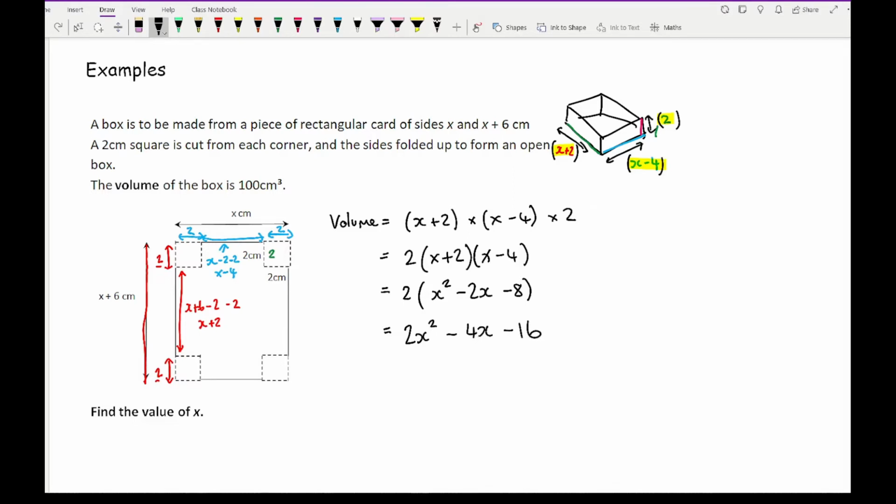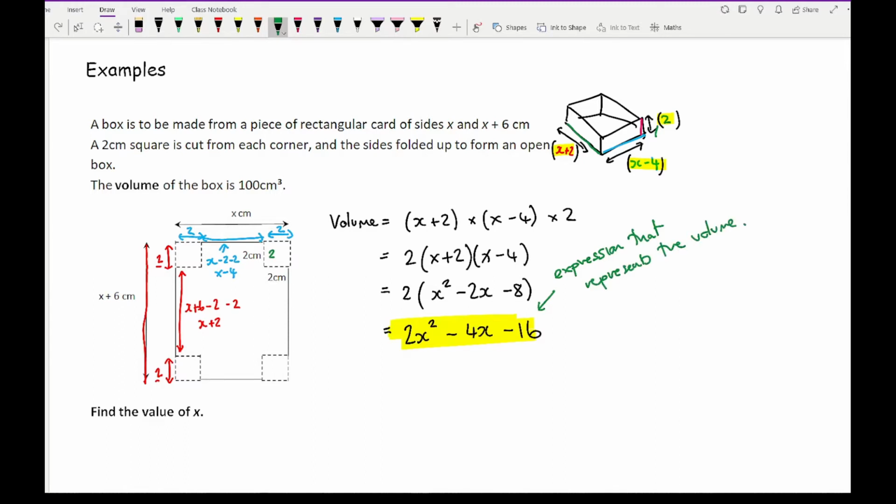Now I want to see that's the volume. So this here is the expression that represents the volume.